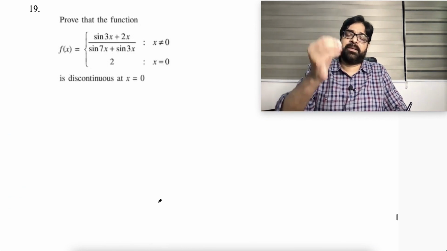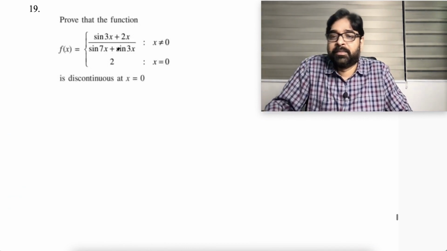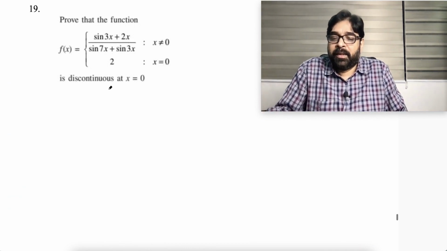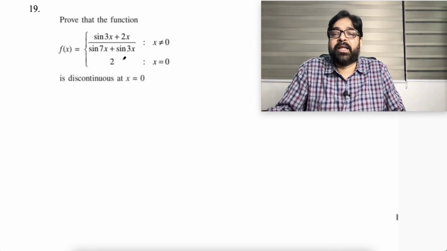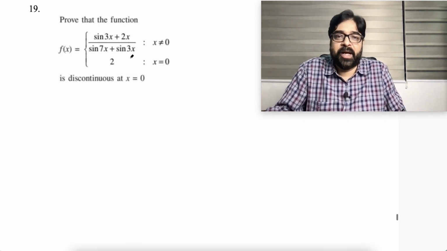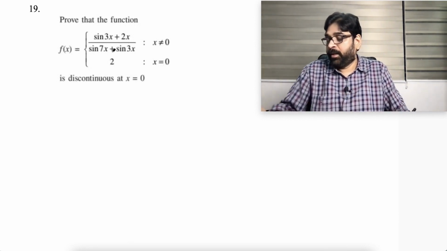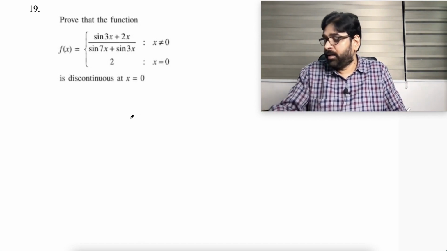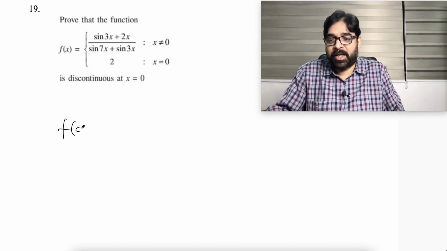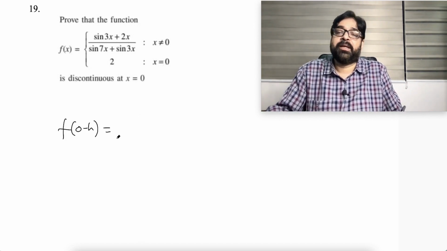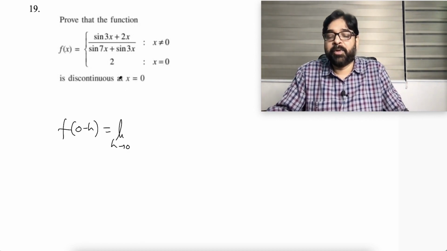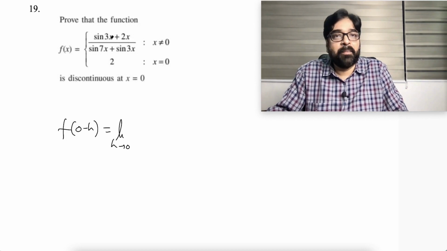Again a very simple question. Why should I solve? We have to check the continuity of this function, right? Limit, we will find f of 0 minus h. F of 0 minus h will be limit h approaches to 0, put it here, sine minus 3h.